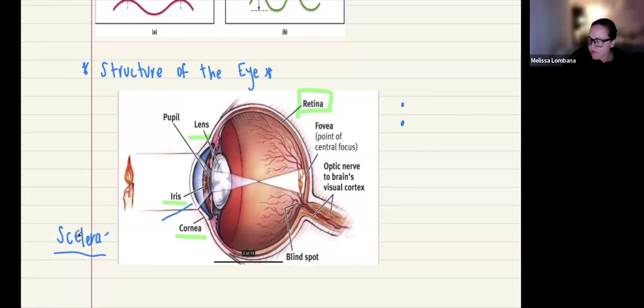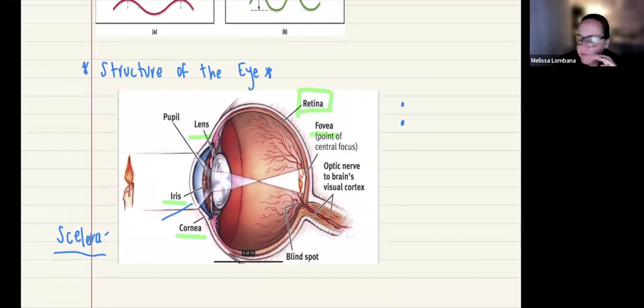In the retina, you're going to see it has these cells in there, and I'll give you a closer look at that, but I just want to finish here first. I'll show you a close-up picture of what's happening inside the retina.